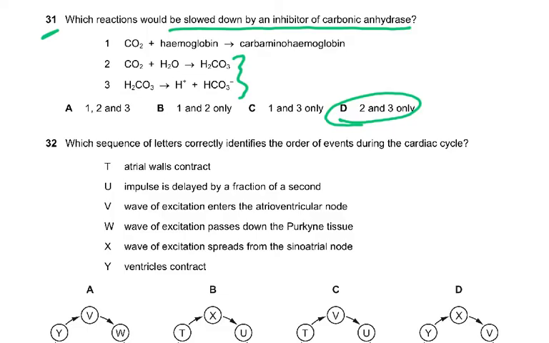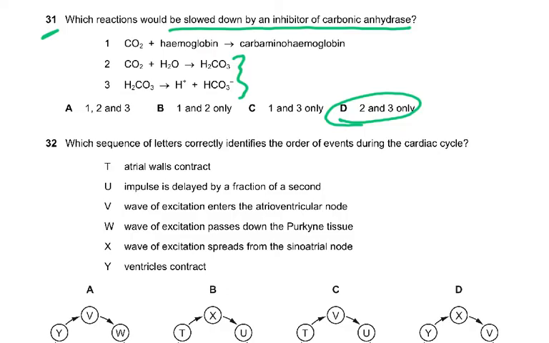Inhibitor of carbonic anhydrase. Carbonic anhydrase catalyzes the reaction of CO2 plus H2O giving you H2CO3, and then the H2CO3 breaks down into hydrogen ions and bicarbonate ions. So a carbonic anhydrase inhibitor would result in 2 and 3 being slowed down. Why would it be slowed down? Because if less H2CO3 is made, of course, less would be broken down into hydrogen ions and bicarbonate ions.